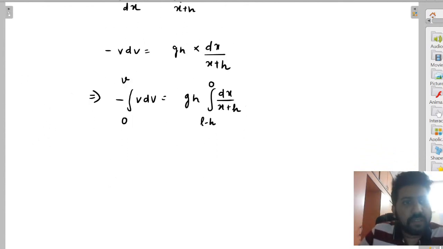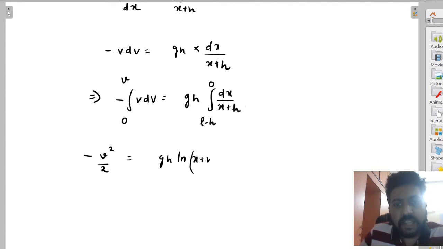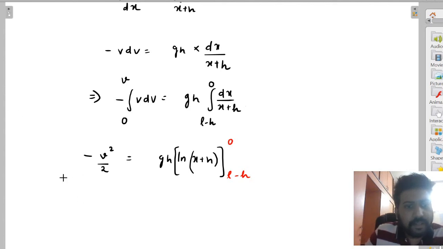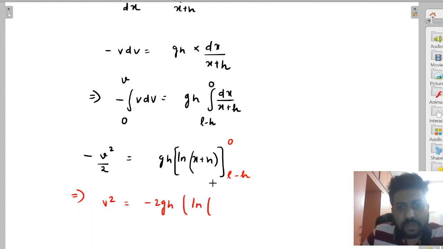So from here you will get -v²/2 = gh ln(x + h), integrated from L - h to 0. So from this you will get v² = -2gh [ln h - ln(L - h + h)].